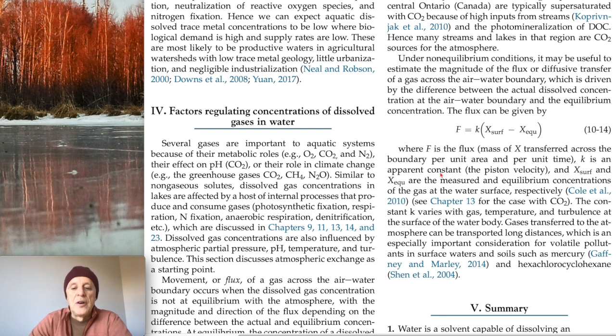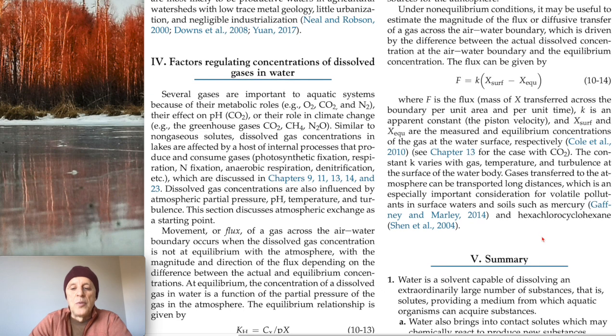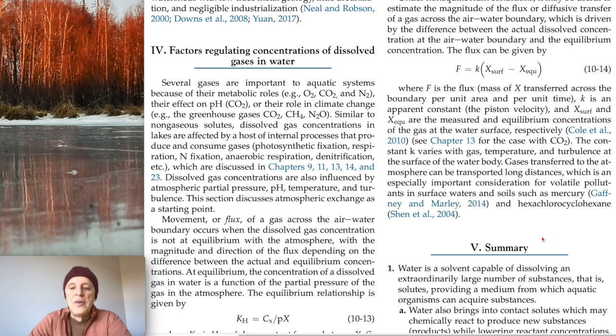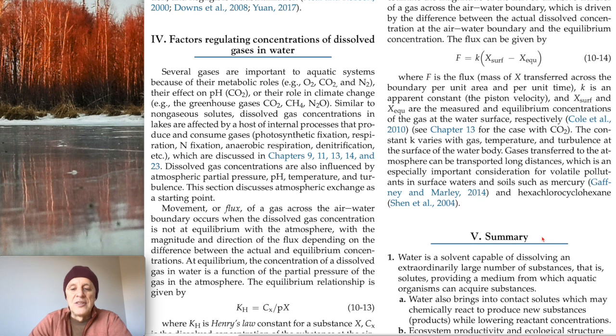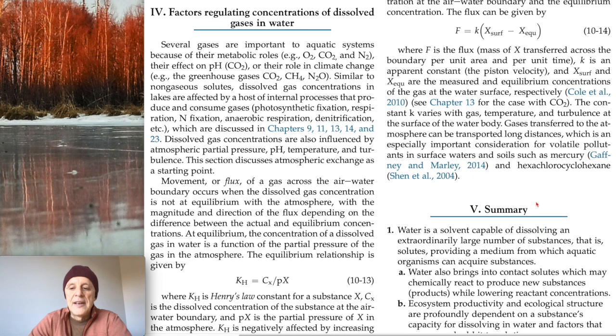K is an apparent constant, the piston velocity, and X surface and X equilibrium are the measured and equilibrium concentration of the gas at the water surface, respectively. The constant K varies with gas, temperature, and turbulence at the surface of the water body. Gases transferred to the atmosphere can be transported long distances, which is an especially important consideration for volatile pollutants in surface waters and soils, such as mercury and hexachlorocyclohexane, which is a greenhouse gas.